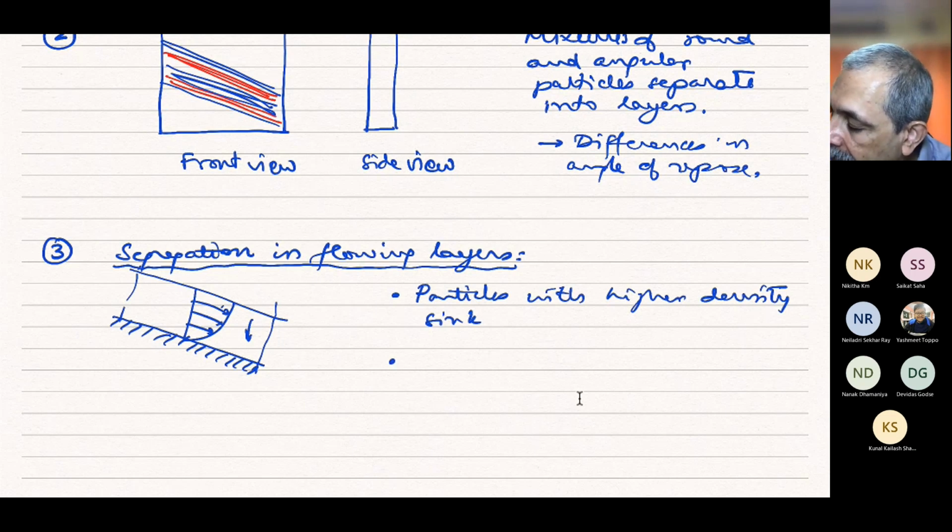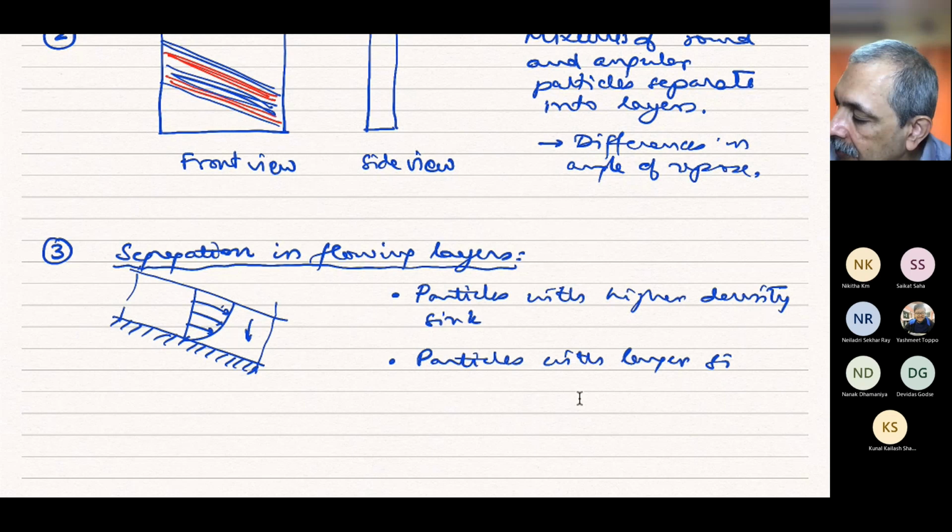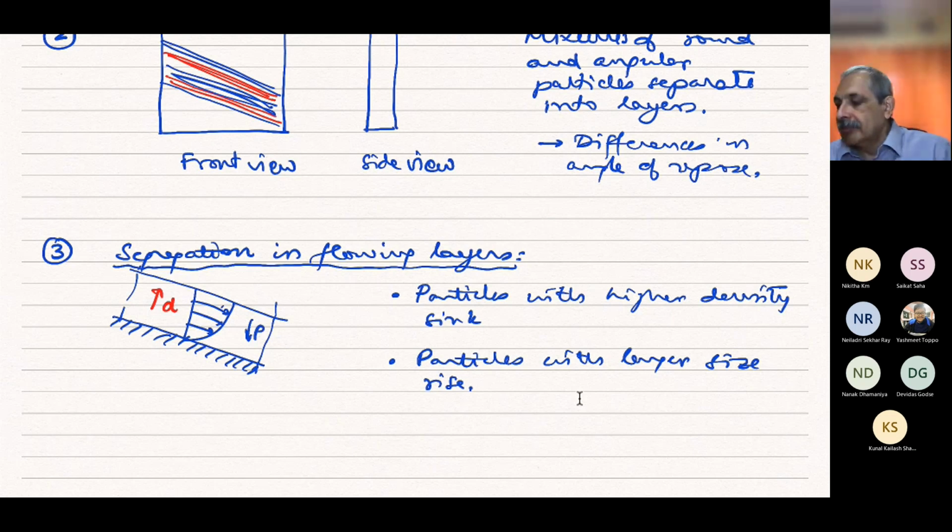And particles with larger size rise. So for particles as the diameter is larger, they go up, and for those whose density is higher, they come down.